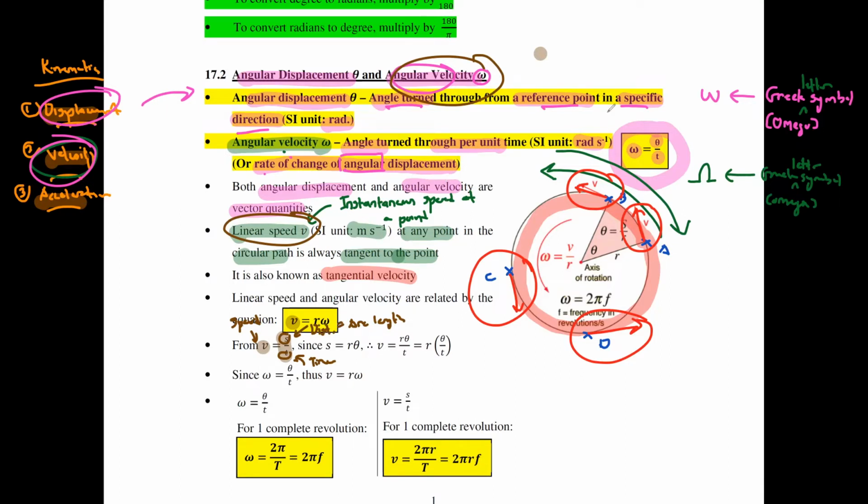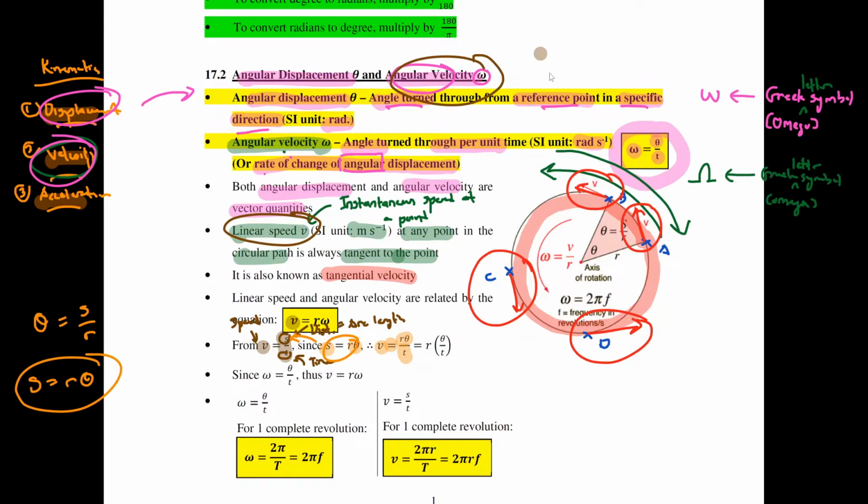Just now, previously at the top of the page, it was mentioned that angle in radians is actually the arc length divided by your radius, right? So the arc length is your radius times your angle: arc length equals r theta. If you substitute this in here, you get v equals r theta over t.